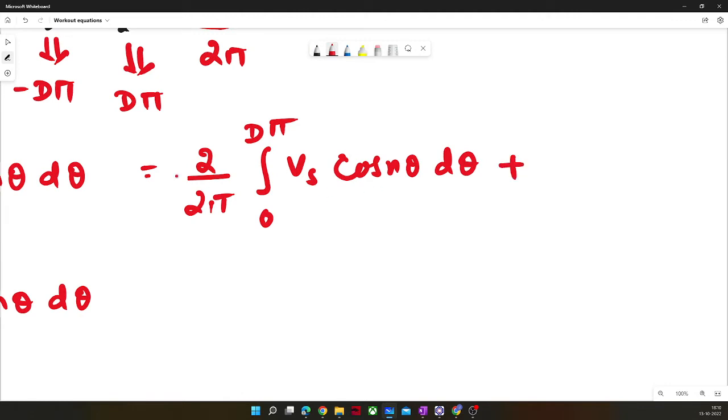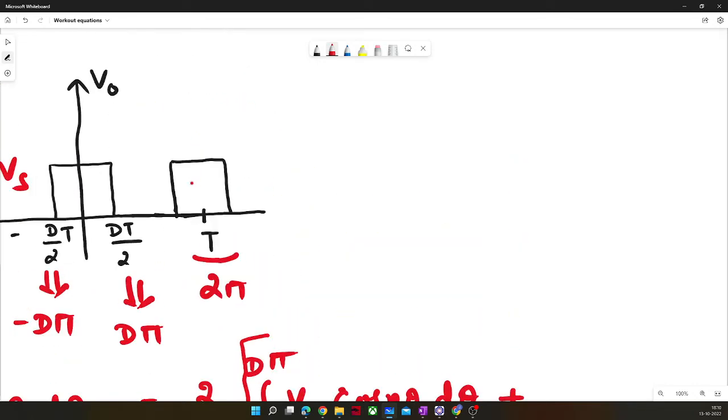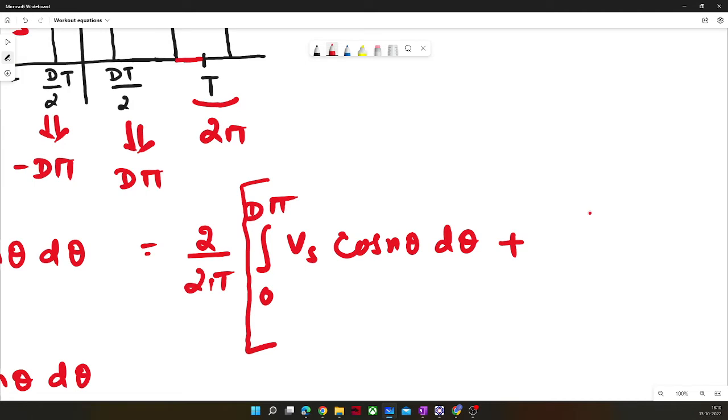plus, since we are talking about the entire period 0 to 2 pi, this waveform lies for some more period. This is also a period of d pi by 2, so we can also take that into account.